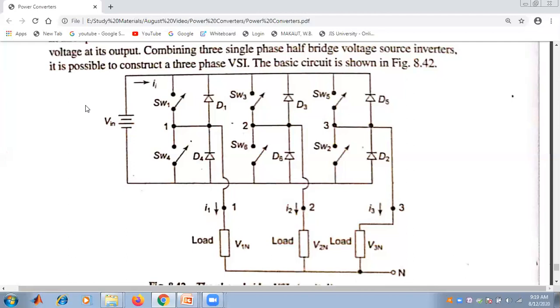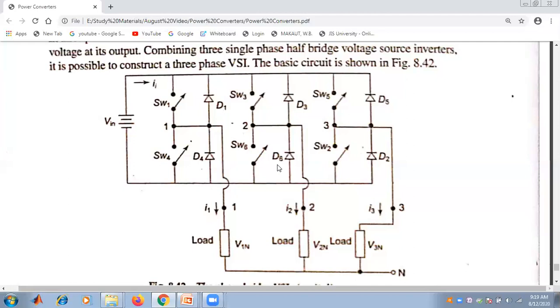If we see the diagram, it is clear that there are three single-phase half-bridge voltage source inverters, consisting of six switches: switch 1, switch 2, switch 3, switch 4, switch 5, and switch 6, along with six diodes D1, D2, D3, D4, D5, and D6.